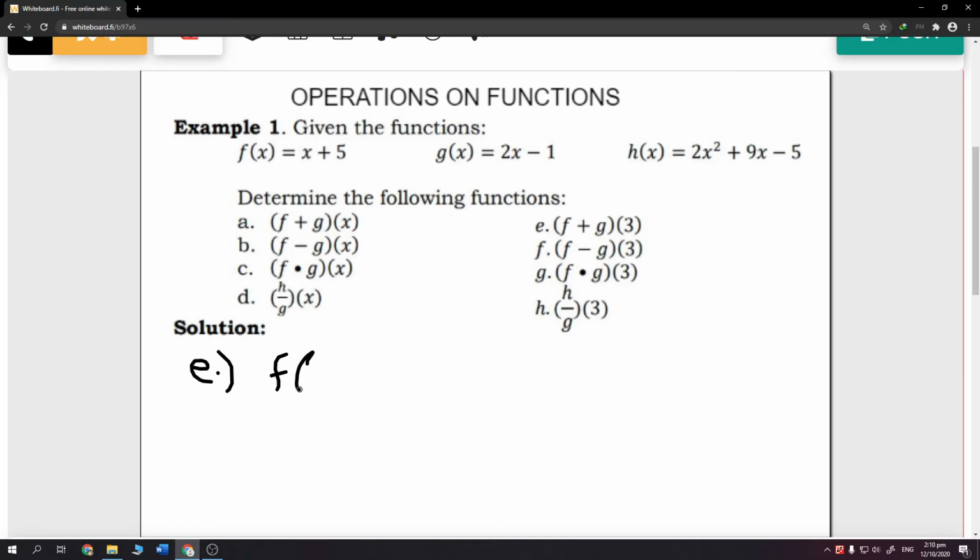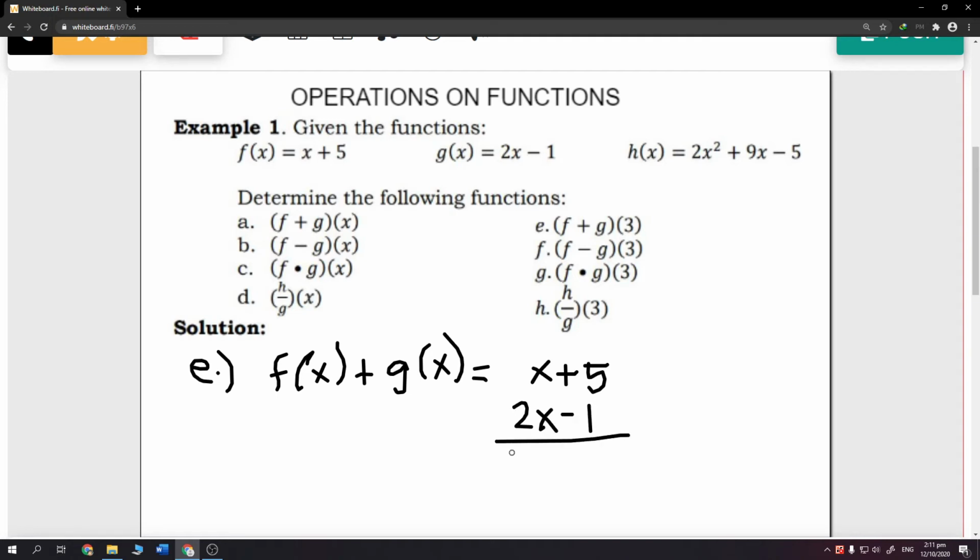So we have f of x plus g of x. Our f of x is x plus 5, so we have x plus 5. Then g of x is 2x minus 1. So the answer is 3x plus 4.